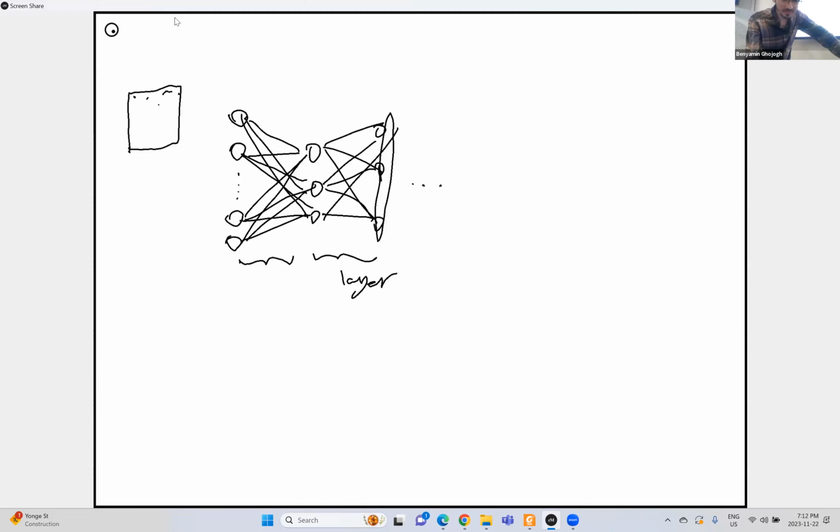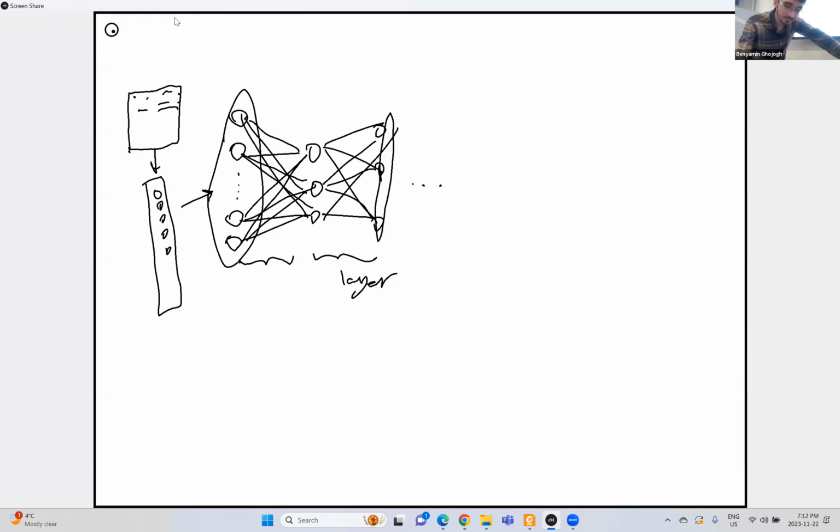These are pixels of the image. I should, of course, reshape it to become a vector so I can feed it to this, because this is also a vector. So how do I reshape it? Take the first row of pixels, then the second row, concatenate it, then the third row, or do it column-wise, doesn't matter. But you are ruining some information by this reshaping.